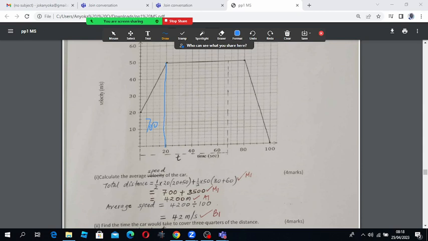Still, we want 3150. So what will remain is 3150 minus 700. What do you get? 2450. So we want this distance of 2450.